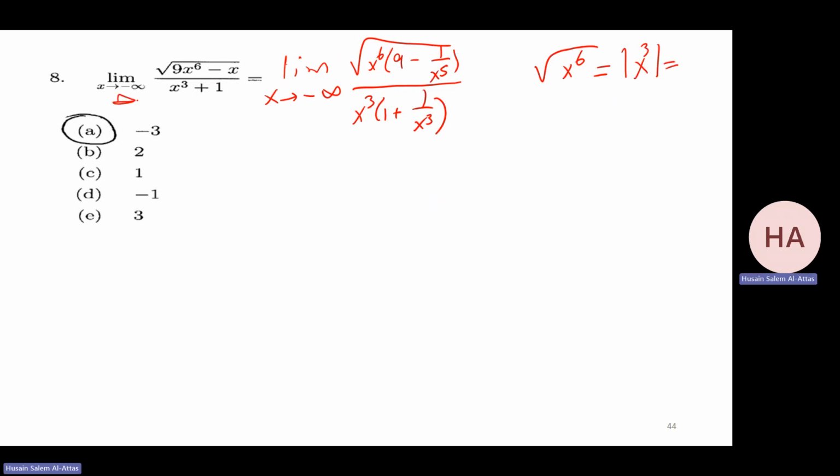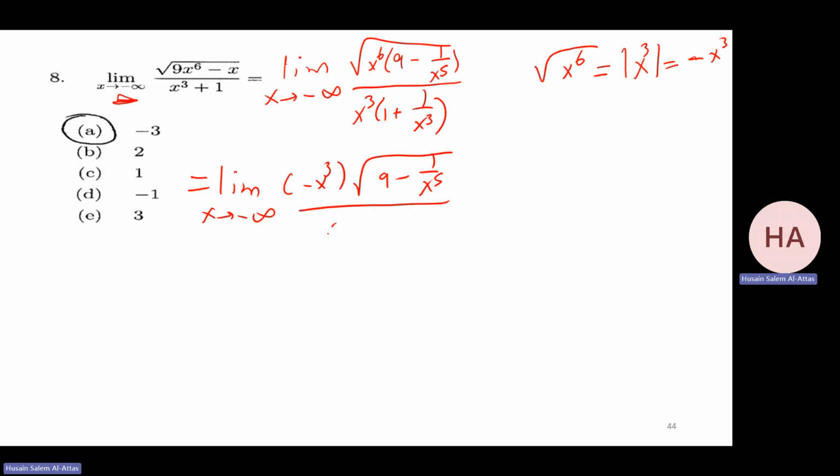And that is, since this goes to minus infinity, minus x cubed. So that will be limit x goes to minus infinity, minus x cubed, square root 9 minus 1 over x to the power 5, over x cubed, 1 plus 1 over x cubed, cancelled. This goes to 0, this goes to 0, so it will be minus 3 over 1, which is minus 3, which is this answer.